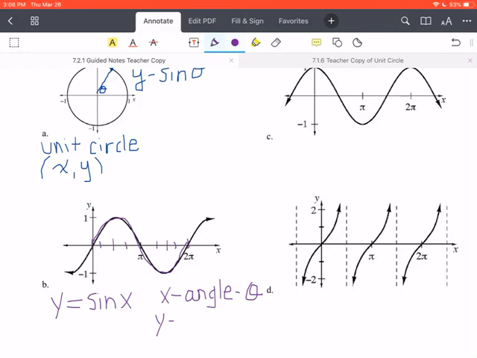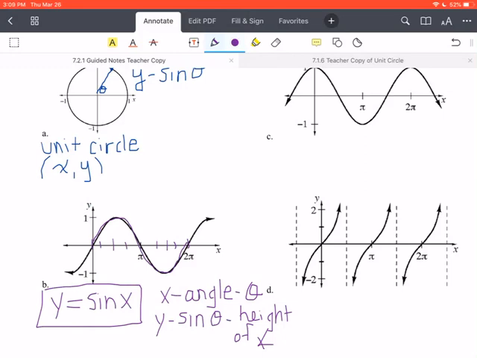Y is going to represent the height of the given angle, which again, we're going to call the sine of theta, which sine is all about vertical motion. So that is the height of the angle. So you need to memorize that this S shape is indeed representative of the parent graph y equals sine x.